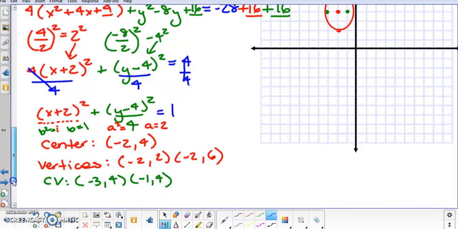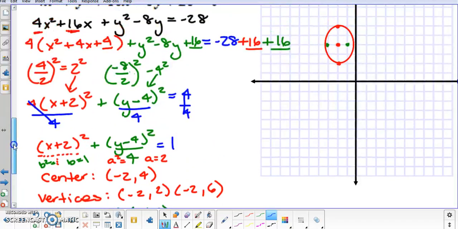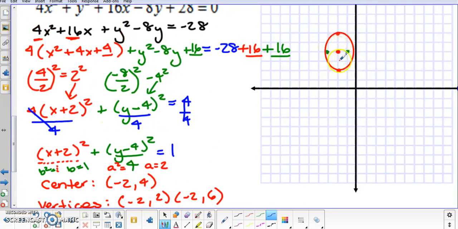And my foci. In order to find those, I have to do c squared equals a squared minus b squared. So 4 minus 1, that gives me 3. So c equals the square root of 3. So again, I'm going to be going up and down square root of 3 from my center. If I put square root of 3 in my calculator, it is 1.73.